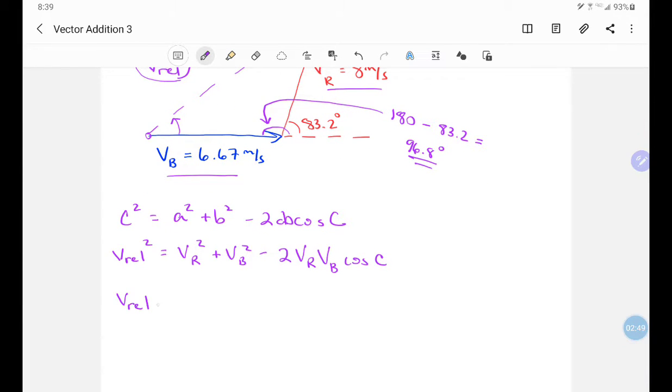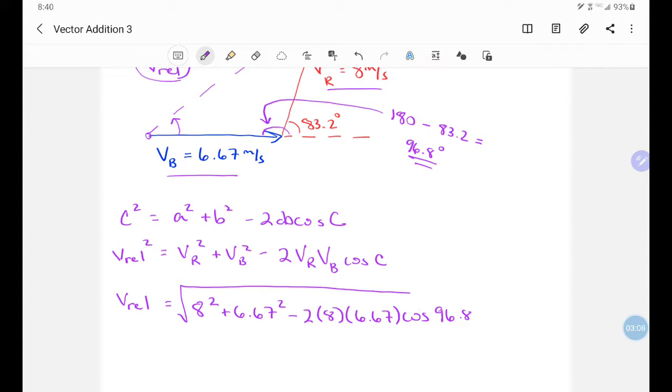So V relative is going to be the square root of 8 squared plus 6.67 squared minus 2 times 8 times 6.67 times the cosine of 96.8. Punch that into our calculator, and we get roughly 11 meters per second here.